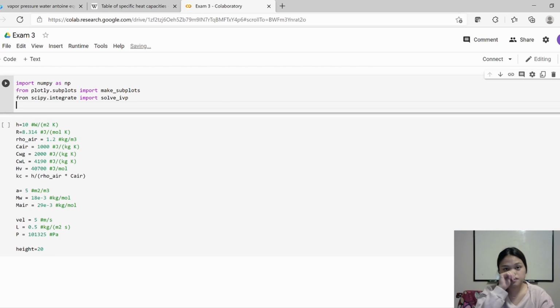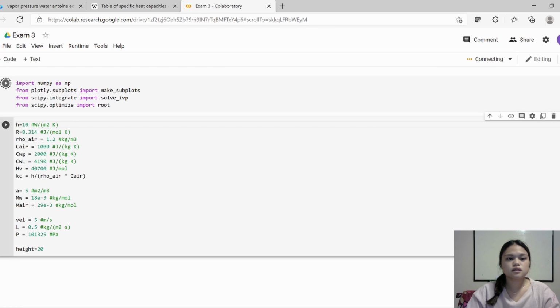And then eventually we will also be using the optimize and import root function, but I will explain that later.